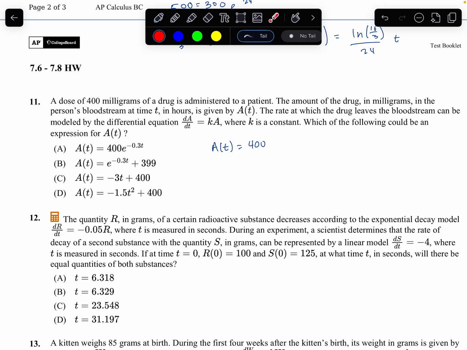If I simply look at these right here, that's not exponential, that's linear. This is quadratic, that's linear. This is exponential, but definitely not with the initial condition of 400. The initial condition here would be 1, I guess, and then it would just be plus 399. But yeah, it's got to be A.